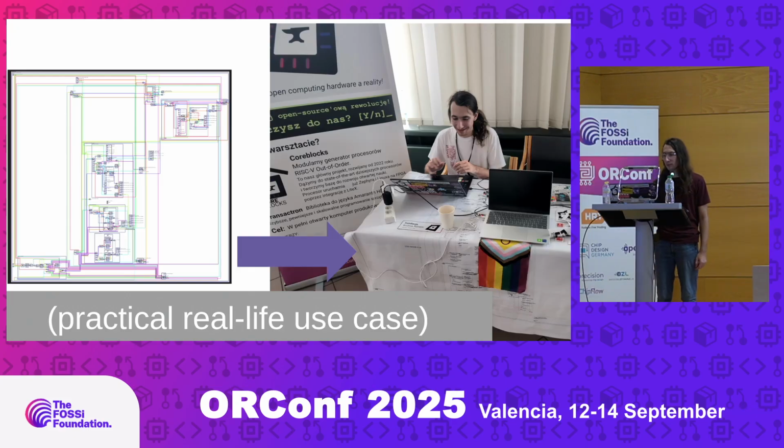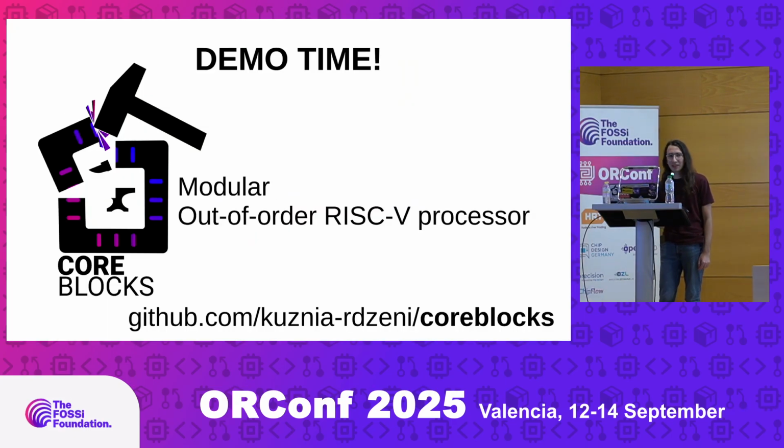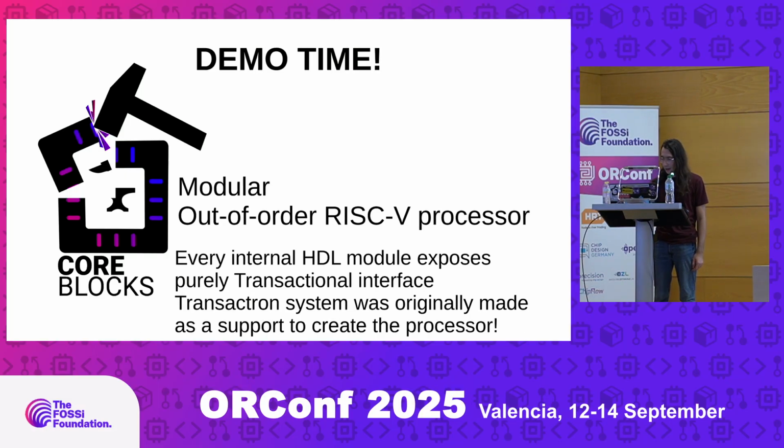So it is useful in practice. But more seriously, it's our modular out-of-order RISC-V processor. Everything is transactional in there, no cheating inside. And the library was originally made to support development of the processor. It was later separated from the processor itself.